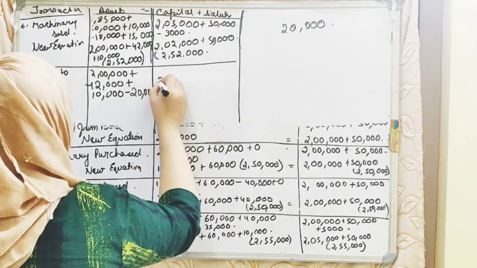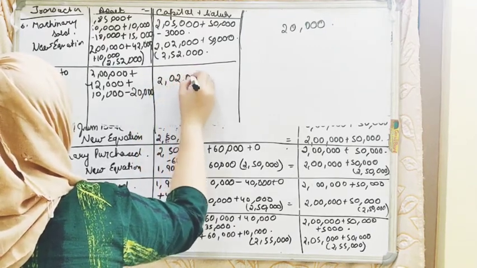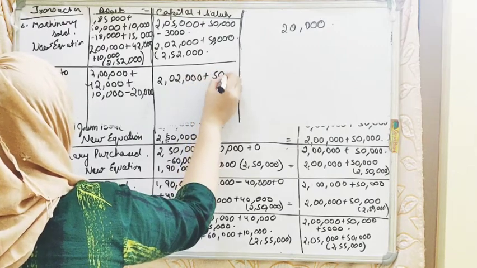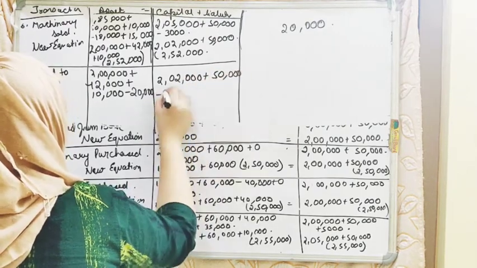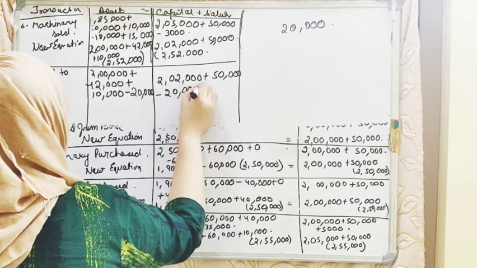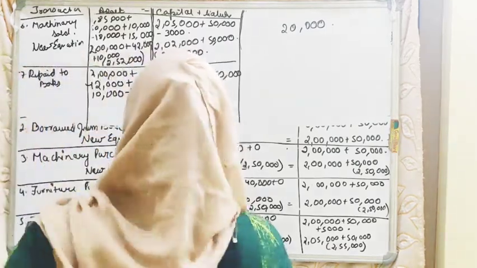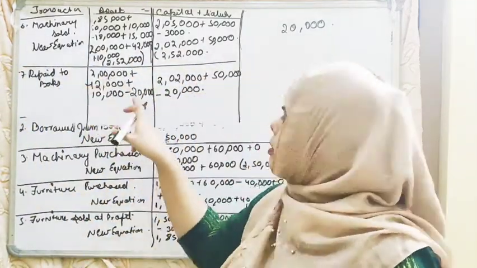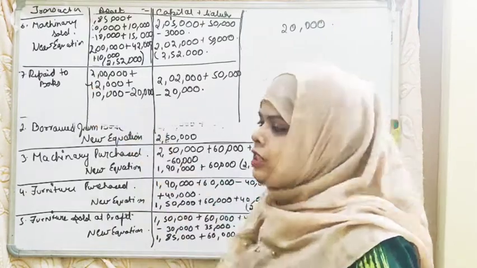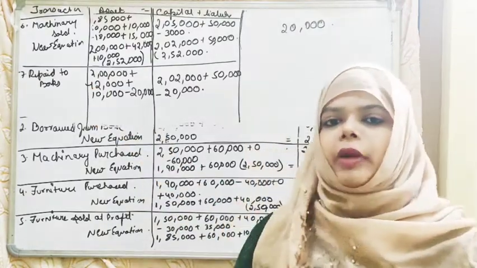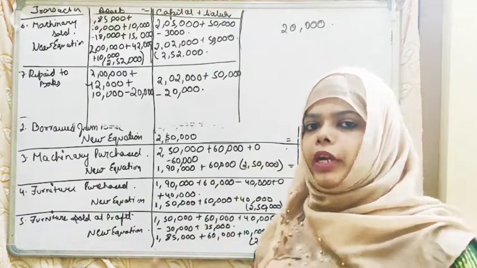And here we will write the amount of rupees 2 lakh 2,000 plus 50,000 minus 20,000. So we will just subtract this money from the cash amount. We will subtract this 20,000 from the cash amount because cash is repaid to the bank.